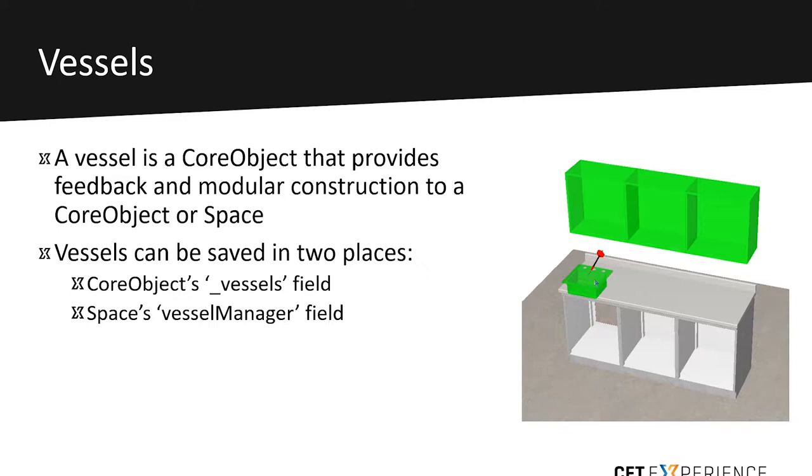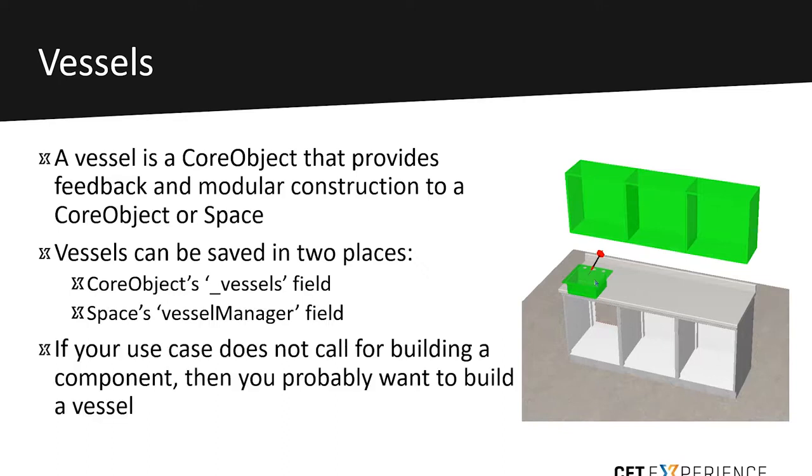But you can also place vessels in space if you want. Space has a field called Vessel Manager that you access, and you throw the vessel into there, and then the Vessel Manager in Space itself actually handles putting in graphics or whatever you want from there. So those are the 2 places that you can store vessels.